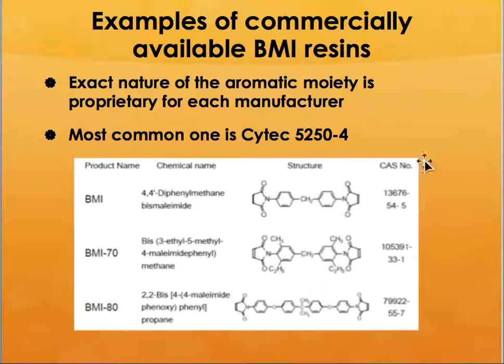The most common one is SciTech 5250-4, especially for high temperature applications like rocket nozzles or cowling ends. I know there is a lot of BMI use in the F-35s and things like that.